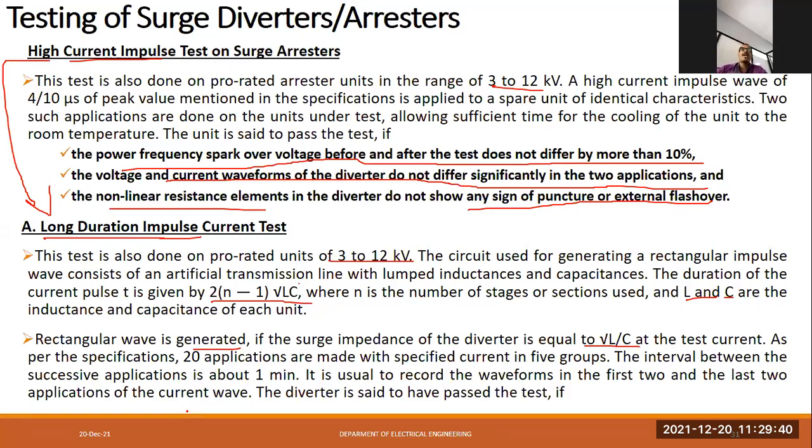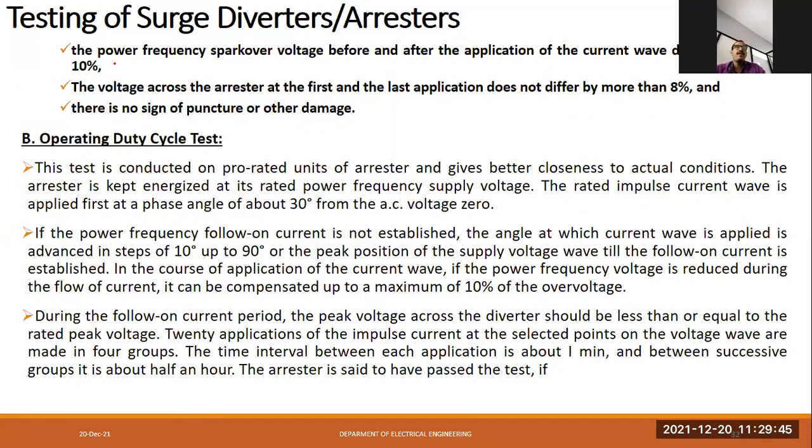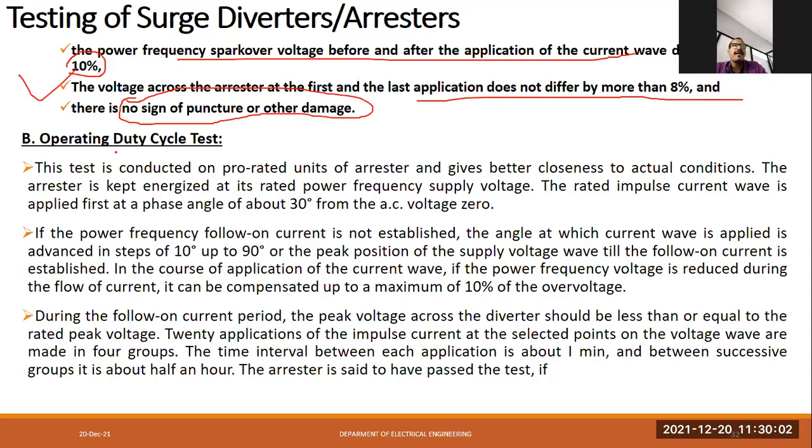The diverter has passed the test when the power frequency spark-over voltage before and after the current test does not differ by more than 10%, the first and last applications do not differ by more than 8%, and there is no sign of puncture or other damage. Then we can say the long duration impulse current test has been passed.